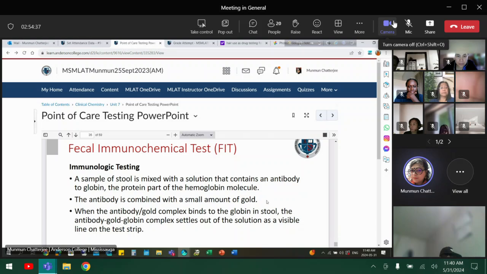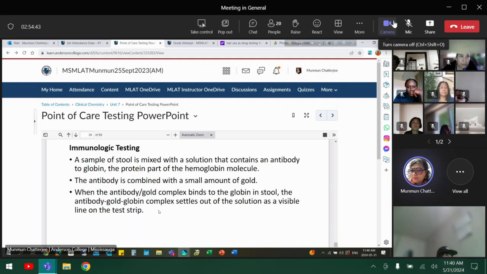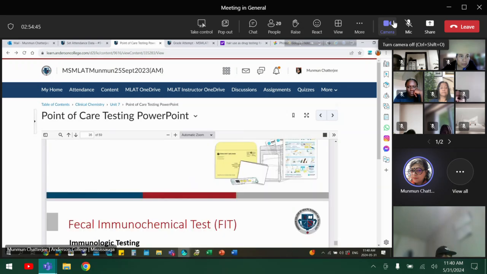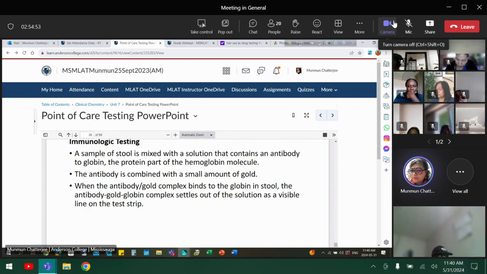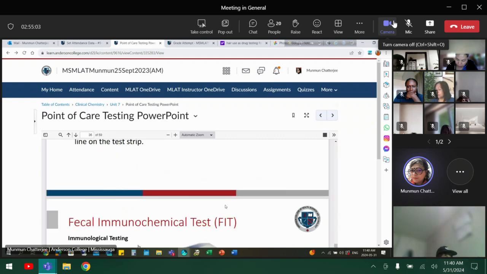Ultimately, I am not going to deal with the sandwich mechanism. It is like a test window, like the test strip you use for pregnancy tests. The solution which contains the antibody comes up as a visible line on the test strip.